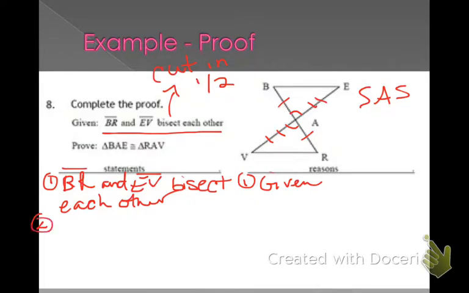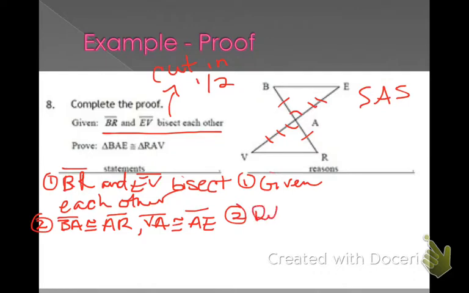From the given, I can say that BA is congruent to AR, and VA is congruent to AE, because that's the definition of bisect. Okay, so that's the 2 pairs of congruent sides. Now I need to name the angles that are congruent.